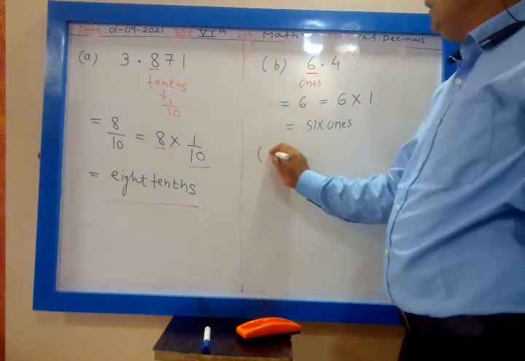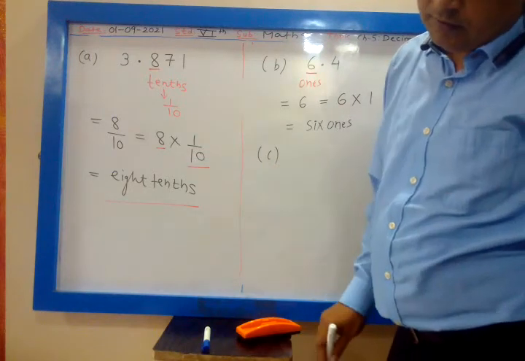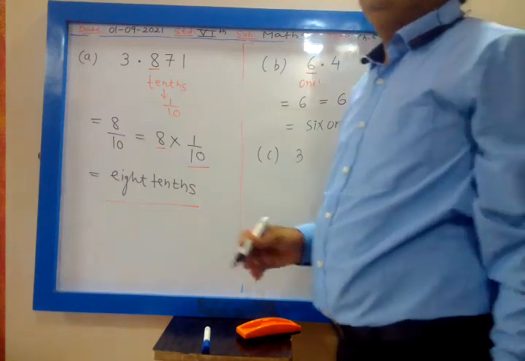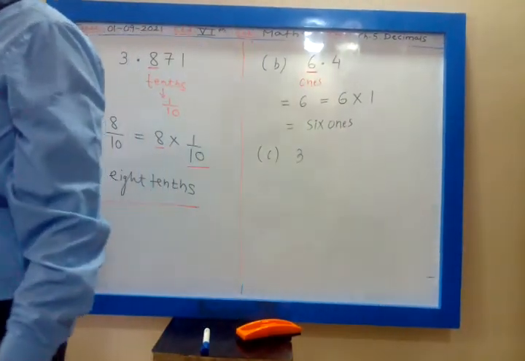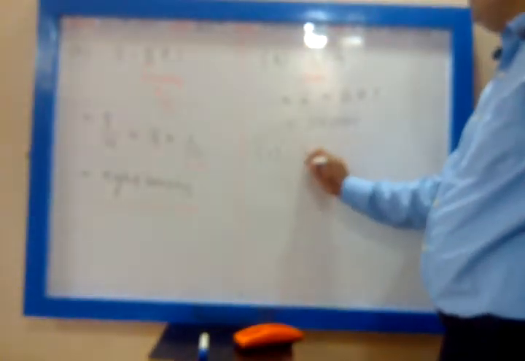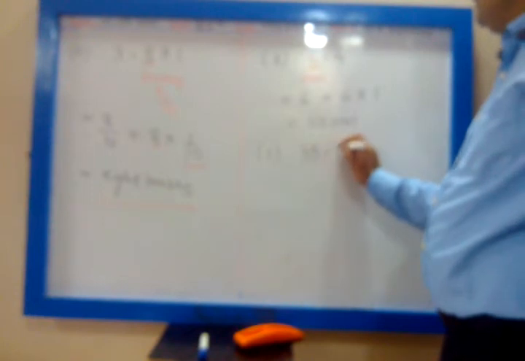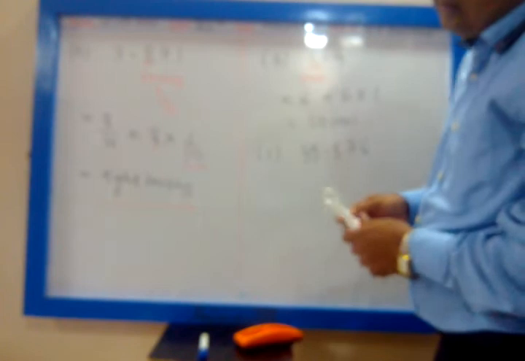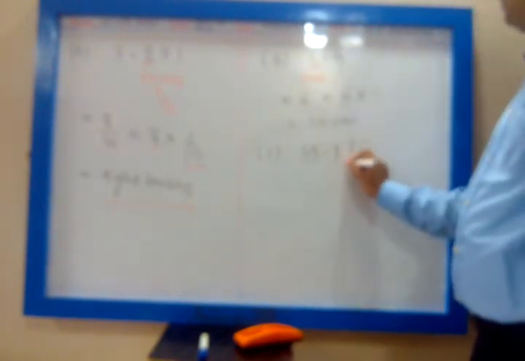Okay, then see 35.876. The underlined digit is 7. What is the position of 7?